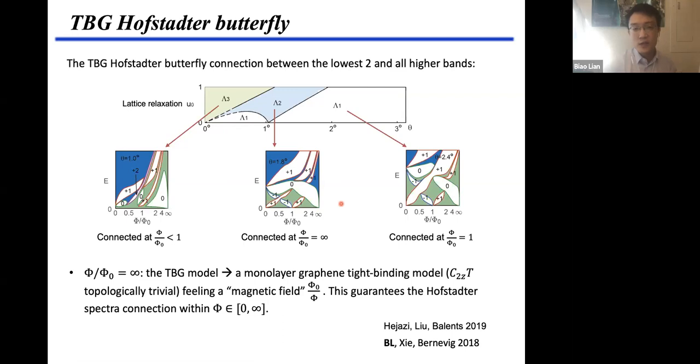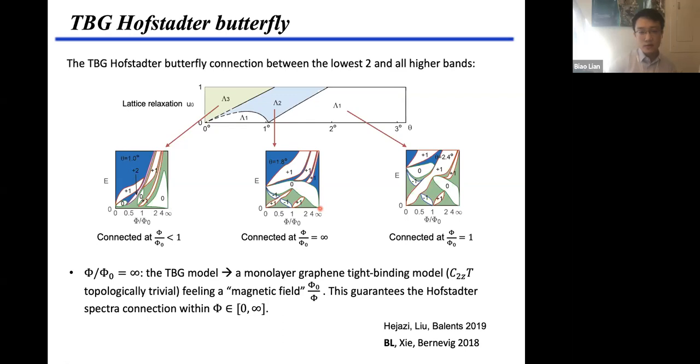This is because the twist bilayer graphene model is a continuous model and does not have a period of the Hofstadter butterfly, but if one includes the infinite flux into the Hofstadter spectrum, one could identify it as a part of the Hofstadter spectrum. So in this sense, the spectrum is actually connected at infinity.